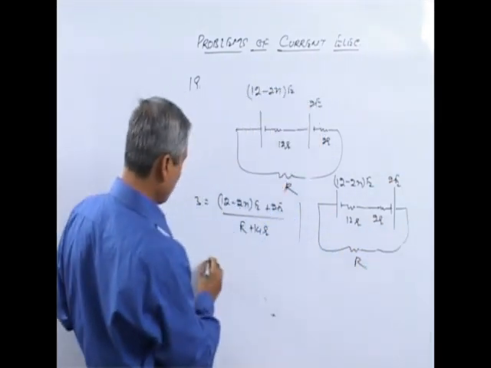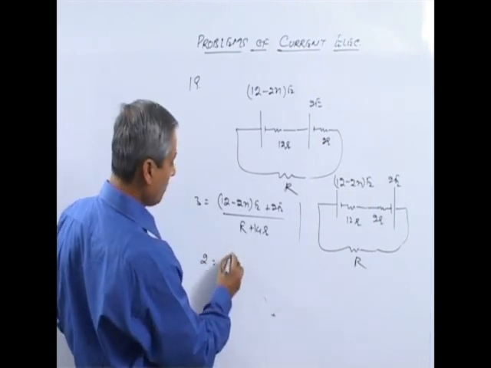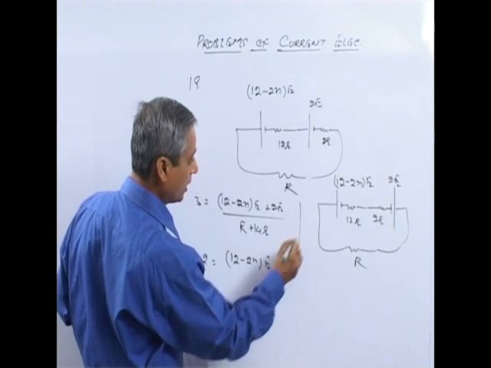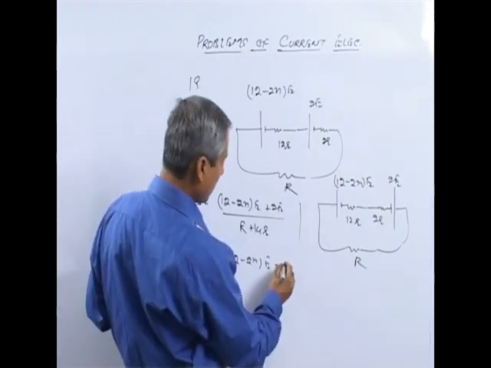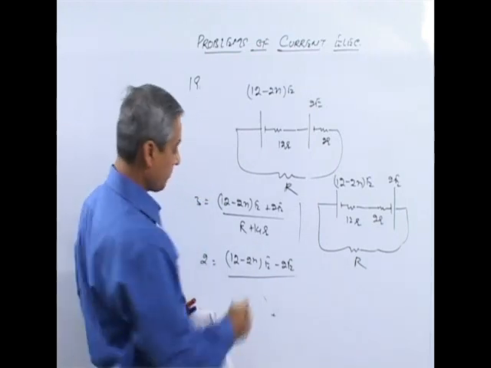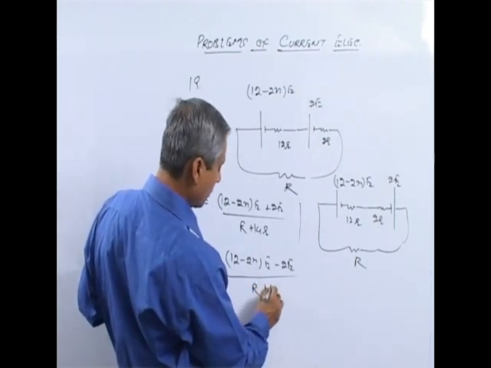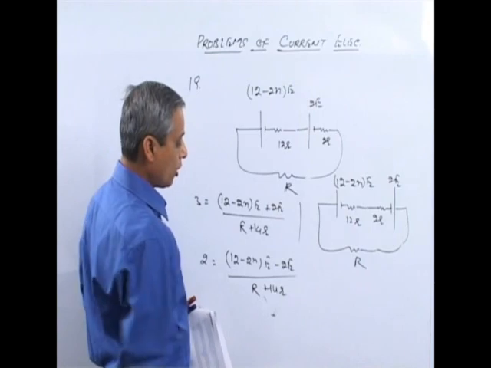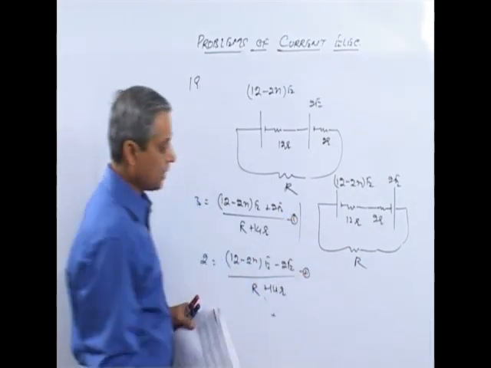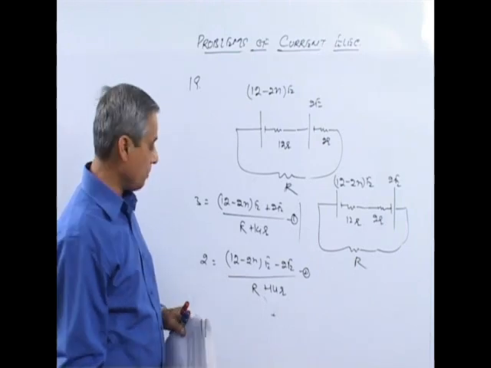The current comes out to be 2 ampere, and this 2 ampere is (12 minus 2n) into E, and the EMF of the two cells will subtract from it, that is 2E, divided by R plus 14r. Now we have two relations. In one it is 3 ampere and in the other it is 2 ampere.